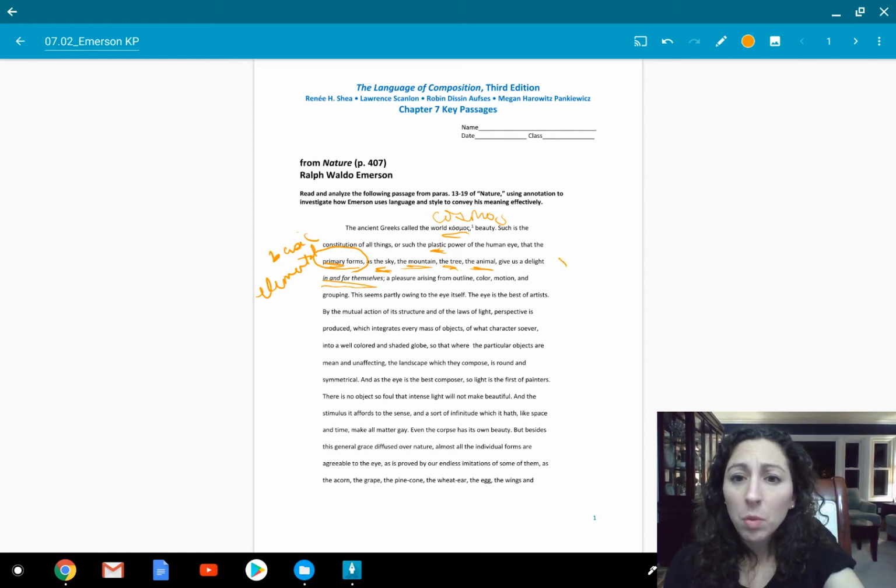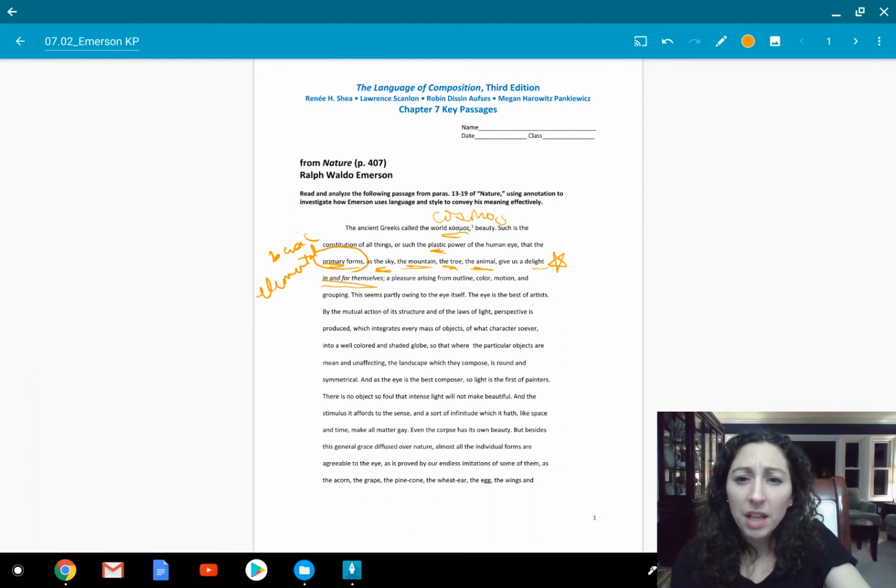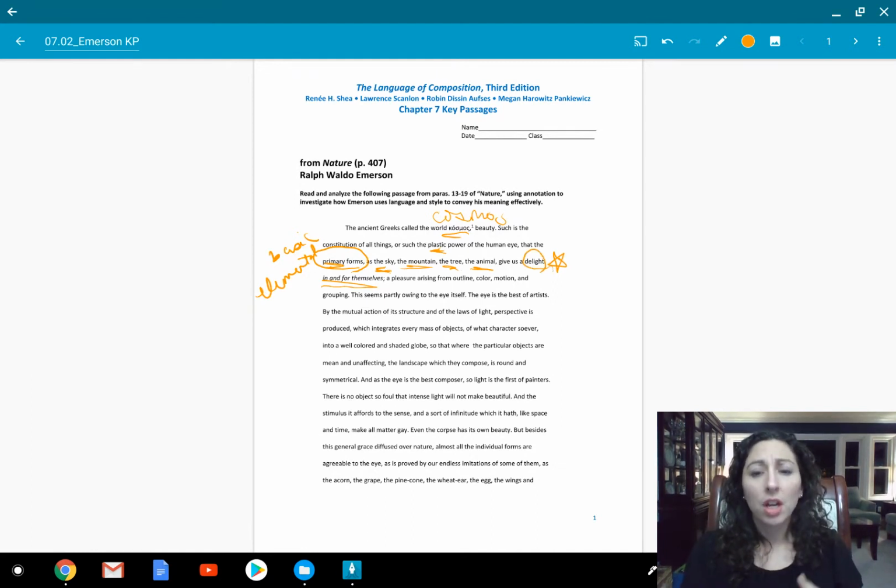And this is one of his primary claims in the entire piece, and is certainly in this passage, that we get beauty. Humans gain a sense of delight, and he repeats that word a couple of times in this passage. And I think that word is important, that delight, speaking to an emotion that comes from our soul.